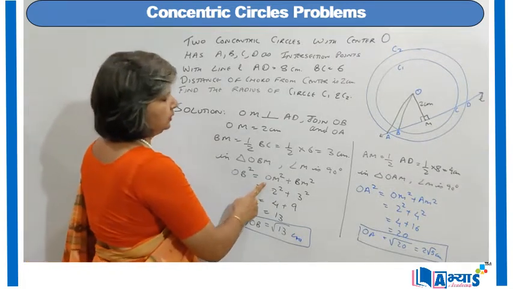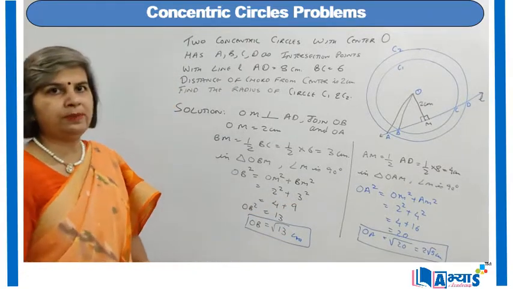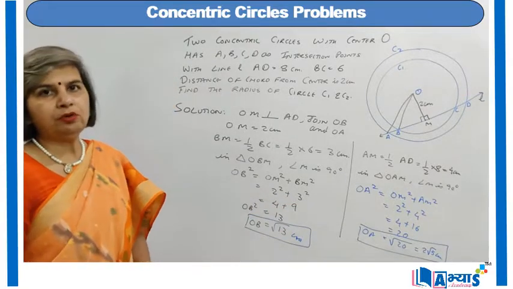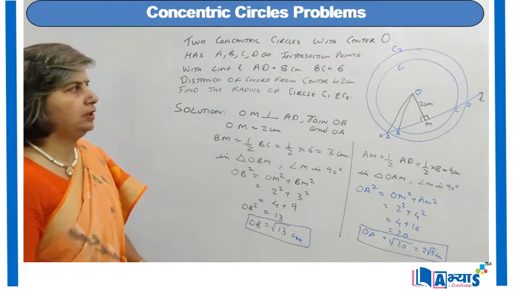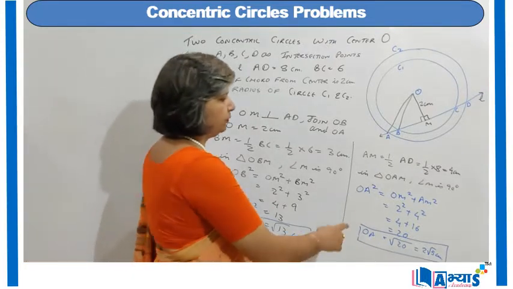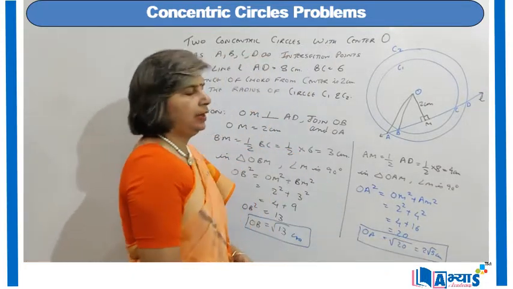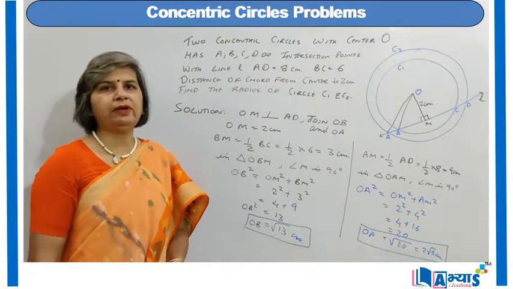Now OM is 2, so it was 2 square plus 3 square, and it came out to be 4 plus 9, which is 13. So OB will be root 13. The radius of the circle C1 was root 13 centimeter. In the case of OA, OA square came out to be 20, so OA is equal to root 20, which is 2 root 5 centimeter.